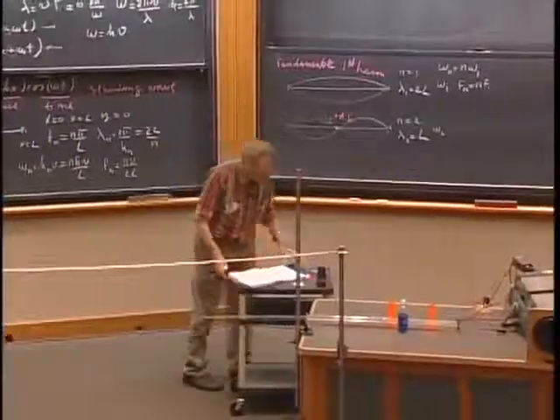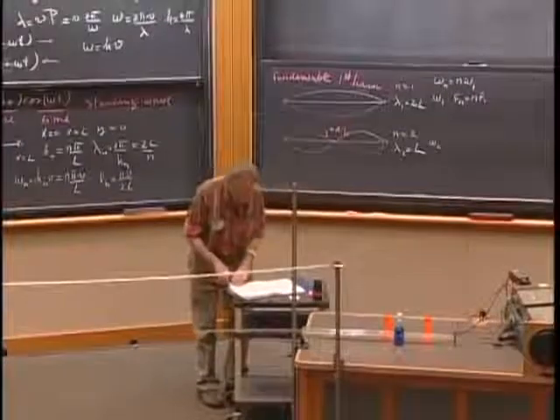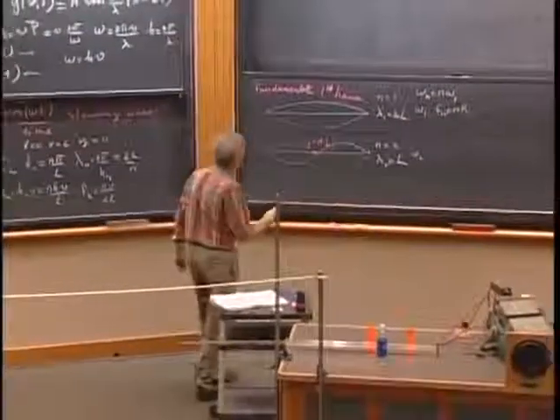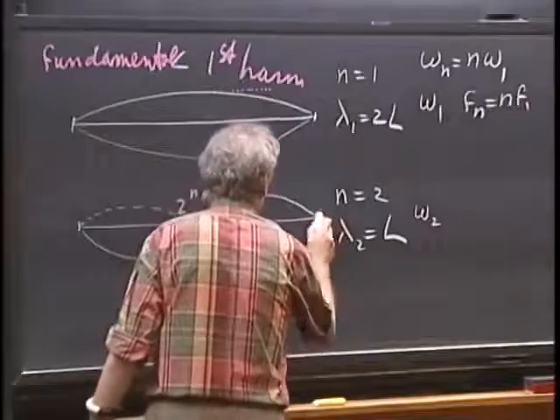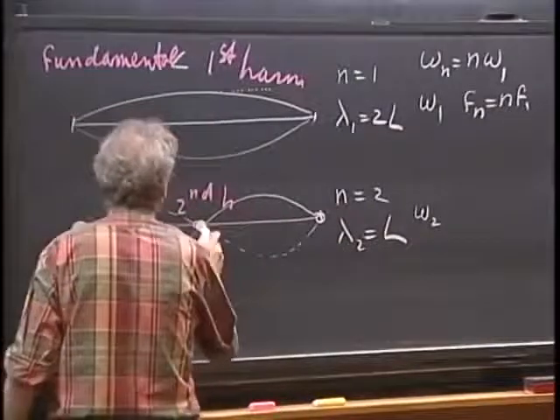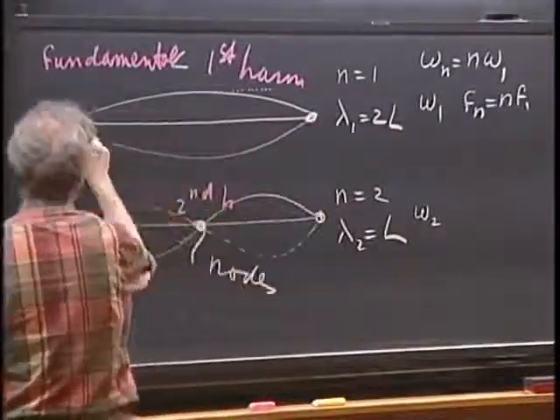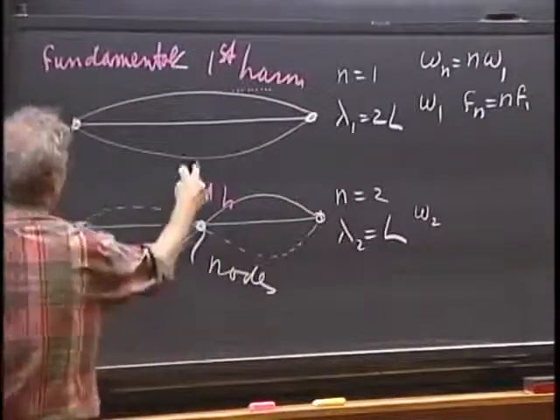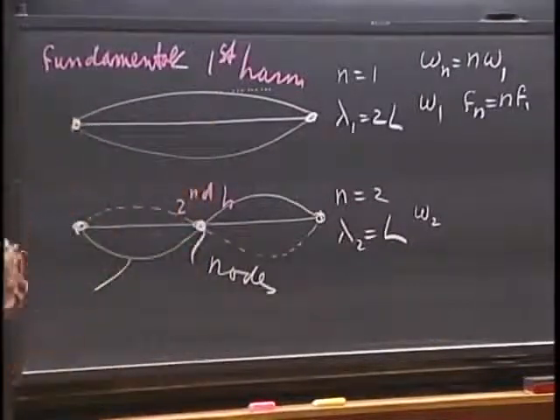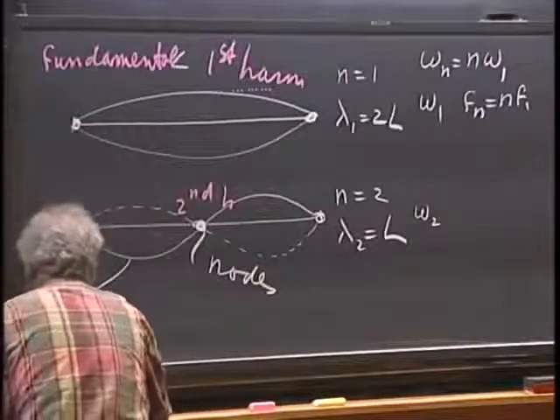We also refer to them sometimes as natural frequencies. These points here have a name. They're called nodes. So this is a node and this is a node. And these points here, also here and here, the ones that have the largest amplitude, are called antinodes.